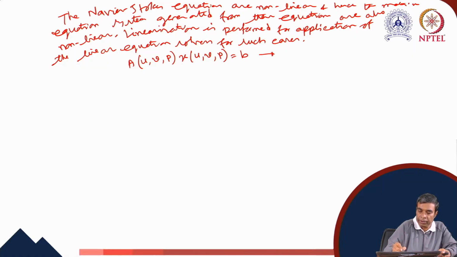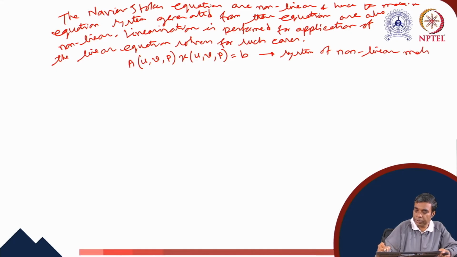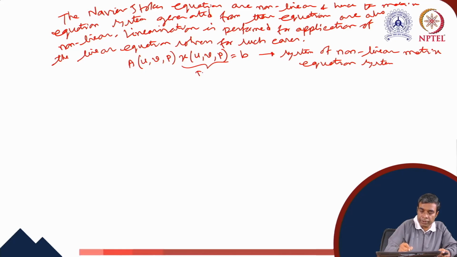So this is the appearance of a system of nonlinear matrix equation system. This is the DOF vector. This is the coefficient matrix.